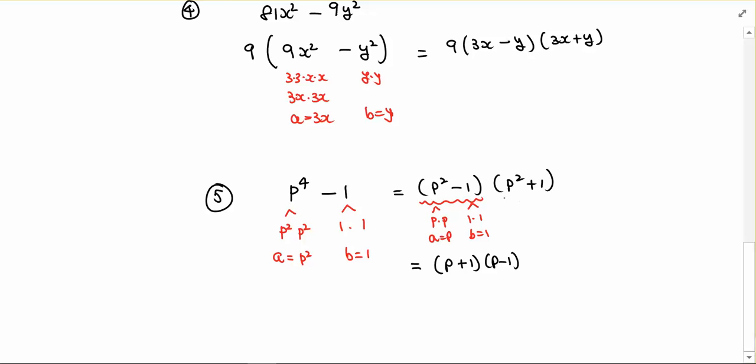However, this part of the problem is not the difference of two perfect squares, so nothing there. It just remains as p squared plus 1. So this is a pretty extreme case of this situation. We don't study the difference or the sum of cubes, so that part of the section is not for us.